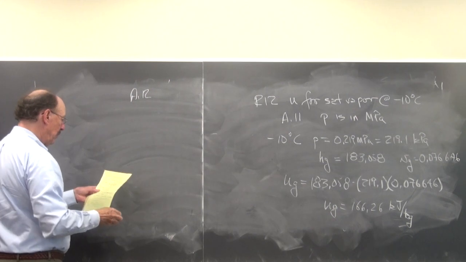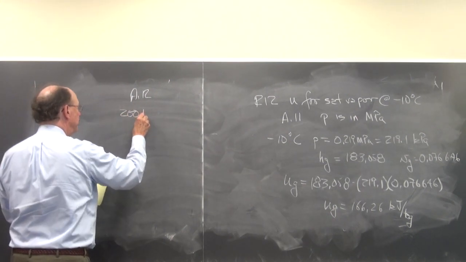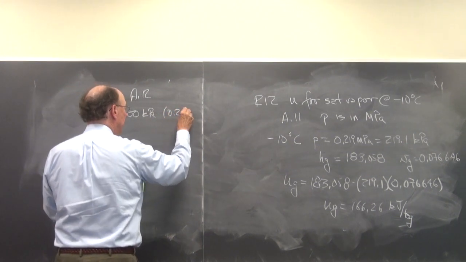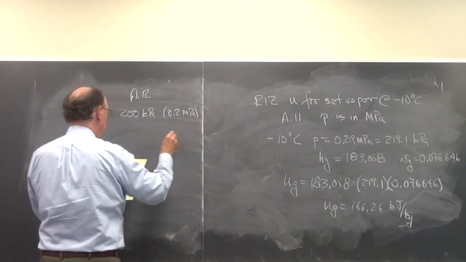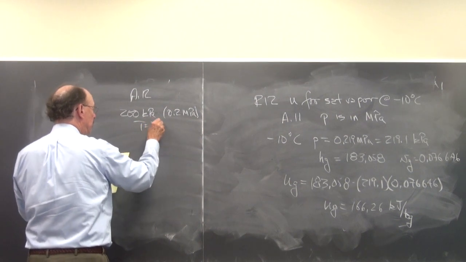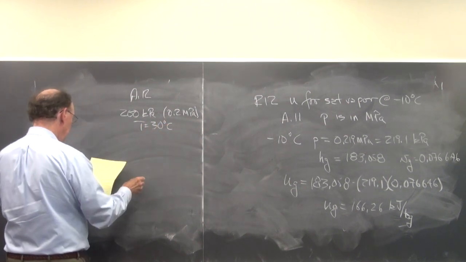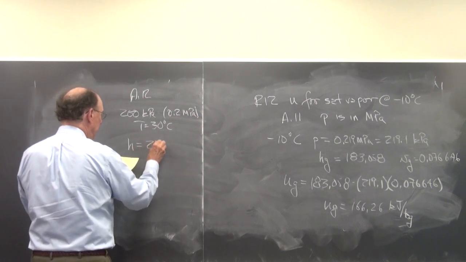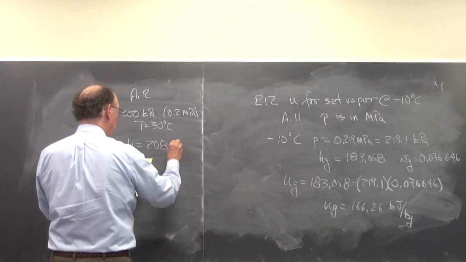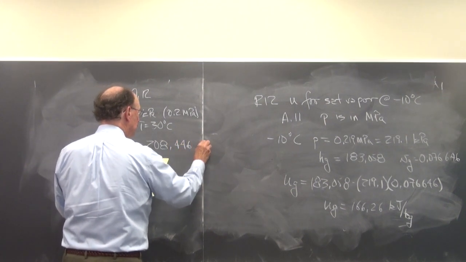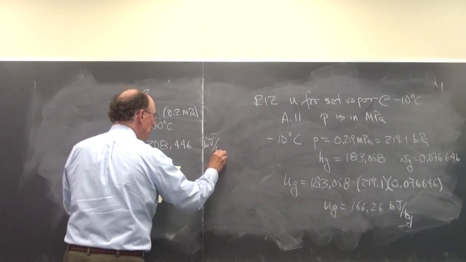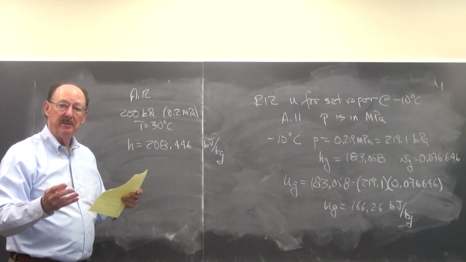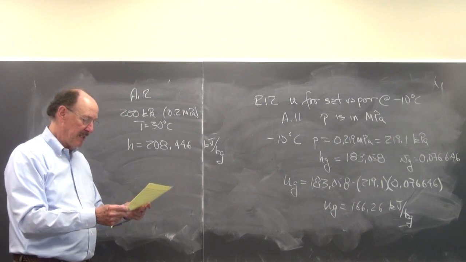So if I look in A12 at 200 kPa, which is 0.2 MPa, and I look at T equal to 30 degrees C, I can find that H is equal to 208.446 kilojoules per kilogram. So you use the superheat tables the same way we did with steam.